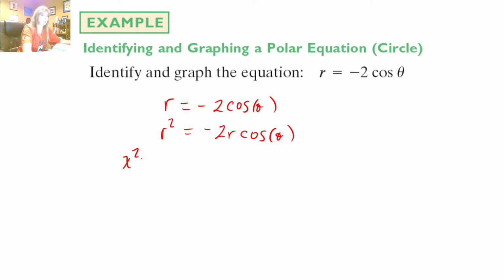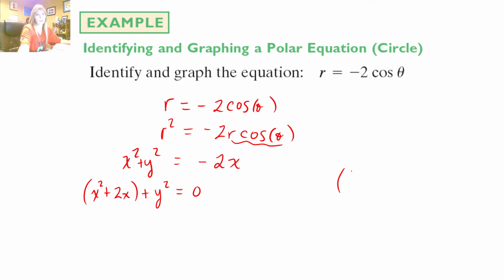And this becomes x squared plus y squared equals negative 2x. And so we just do the same thing, but now I'm going to do it with the x. So I move the 2x to this side, plus y squared equals 0. I complete the square, so 2 divided by 2.